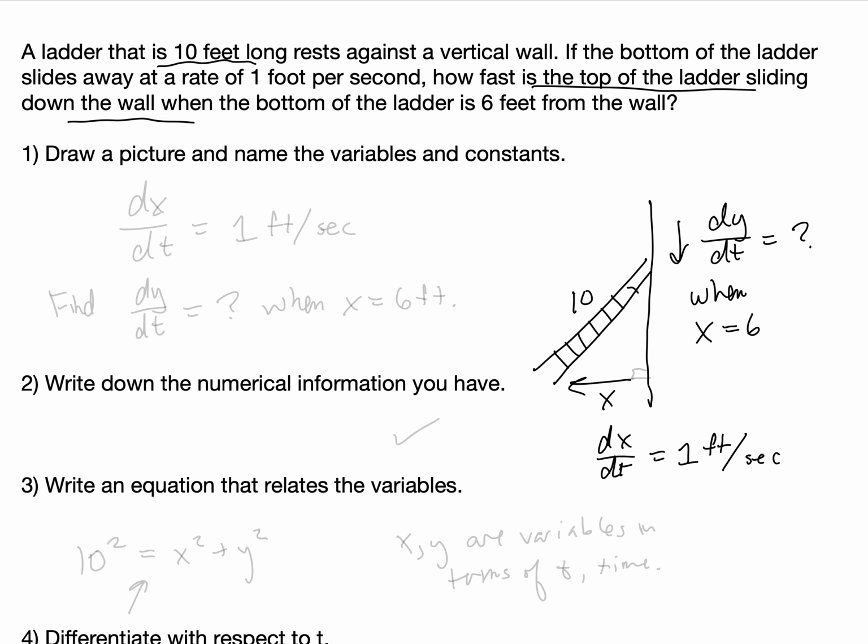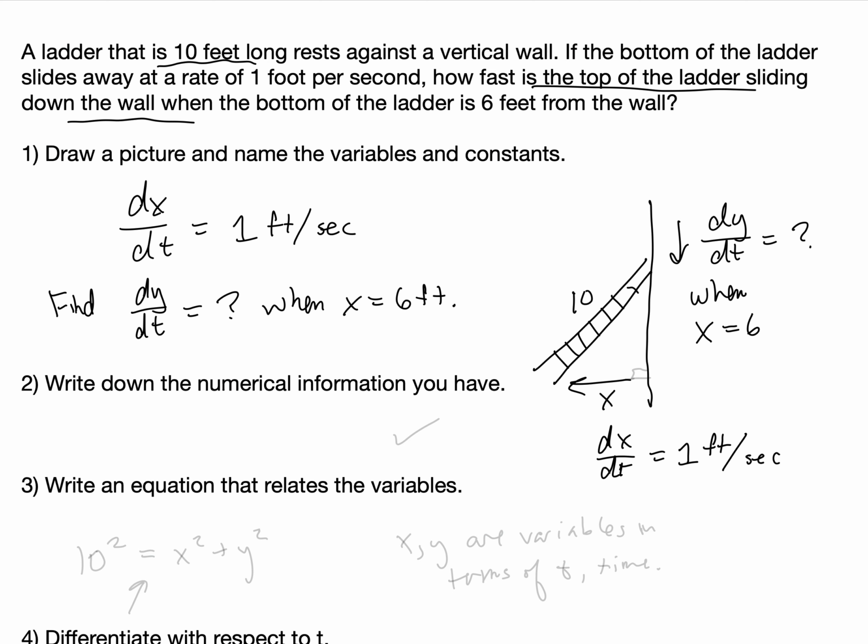We know that dx/dt is equal to 1 foot per second, and we want to find dy/dt, the change in the height of the ladder, how fast the ladder is sliding down the wall. We want to find that when x, the horizontal distance of the bottom of the ladder from the wall, is equal to 6 feet.